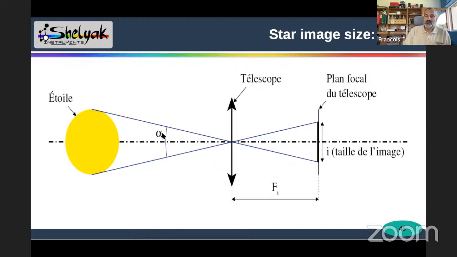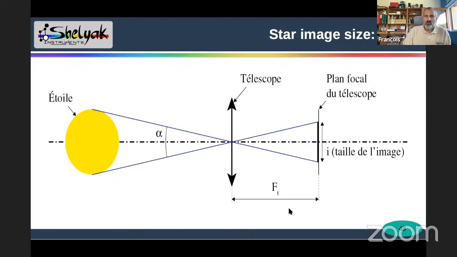The star by itself is really like a point, and you cannot see any detail of the star, but the atmosphere makes some vibration, and then it will spread out the light and it will give this angle. So the seeing angle is really a specification of the sky and not of the star behind it. The star is perfect, the sky is not.